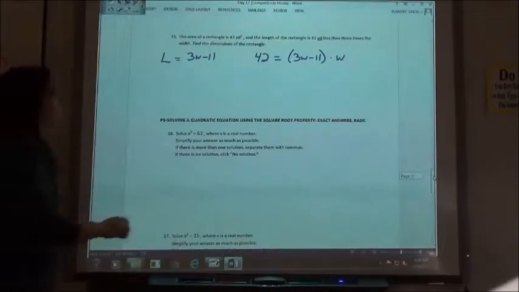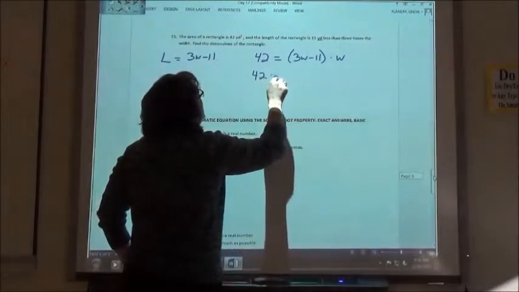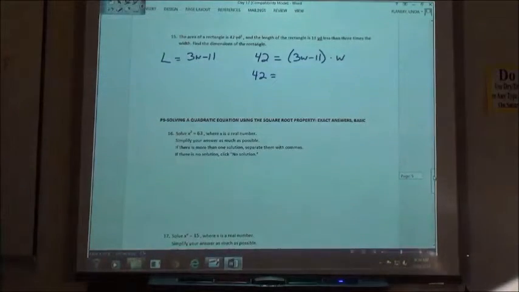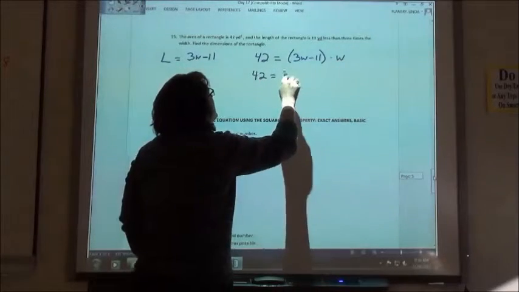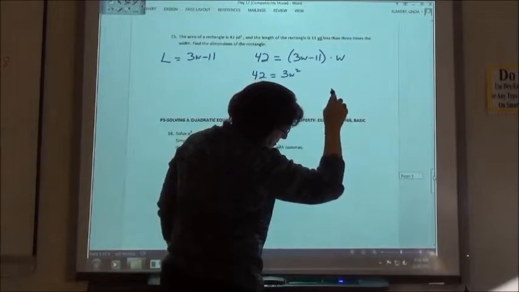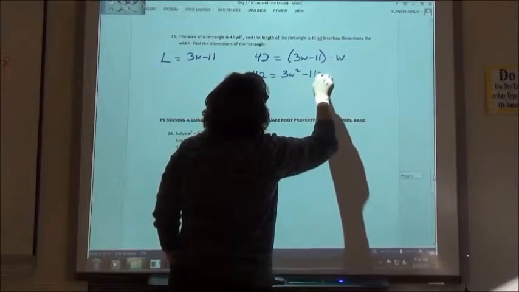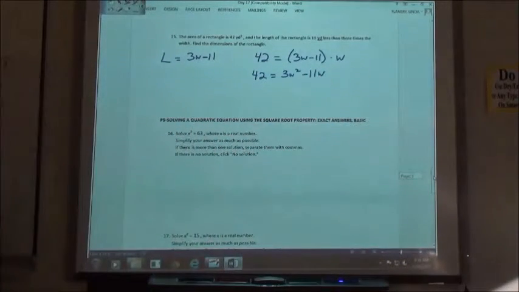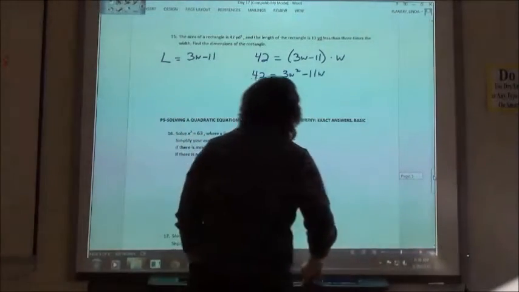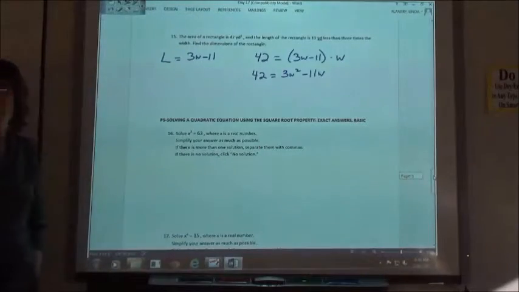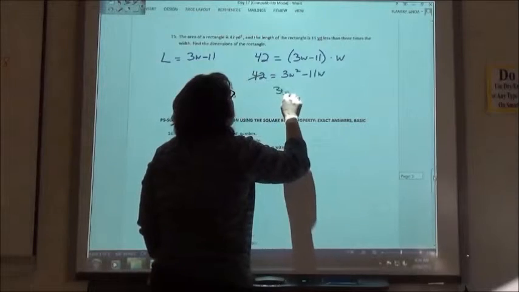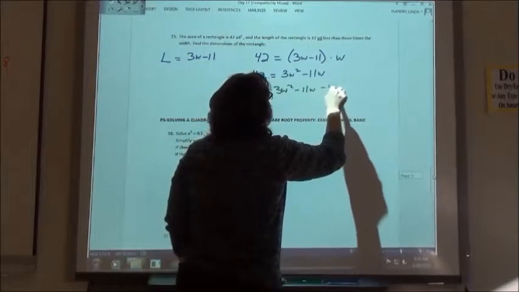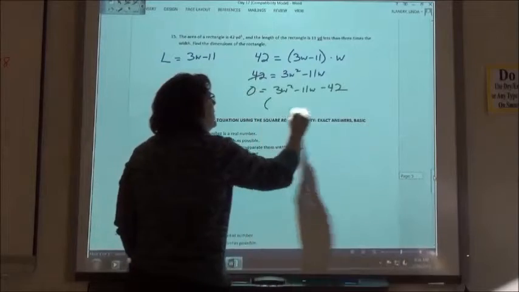So if we use our distributive property, 42 is going to equal 3W squared minus 11W. And then moving the 42 over, it's going to be 3W squared minus 11W minus 42, exactly. And then we have to factor.